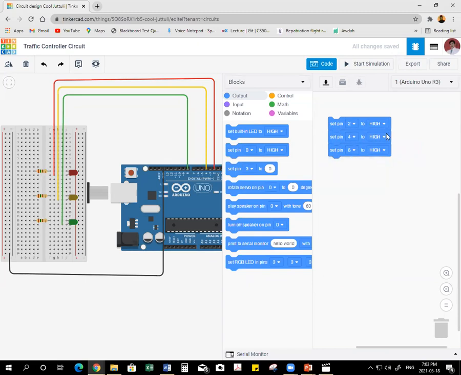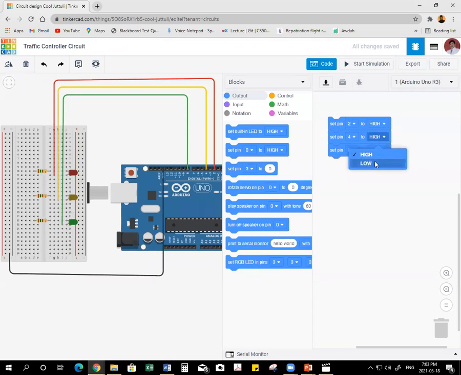Now in general practice, the red light means if anyone is coming, he has to stop first. Then the green light will glow, then yellow will come, then again red will come. So the first 3 pins will define the first step: red should be on, the remaining 2 should be off.